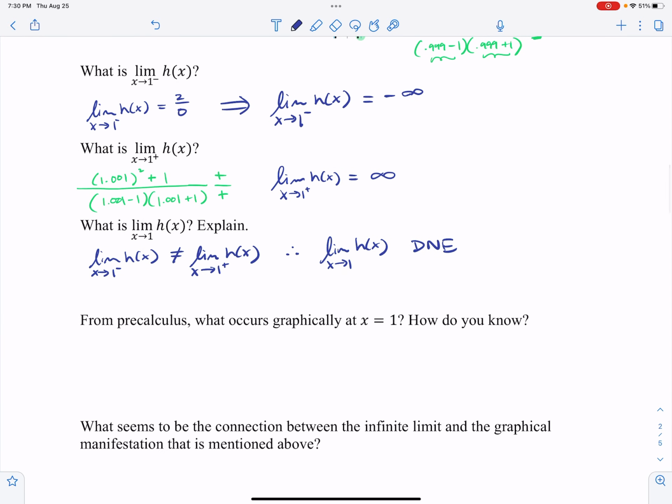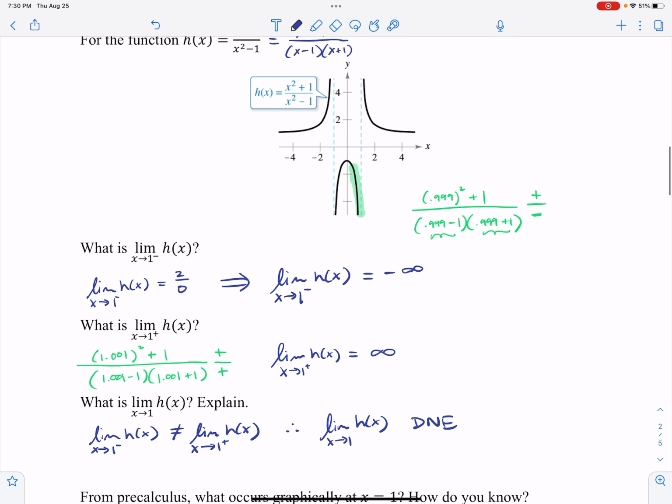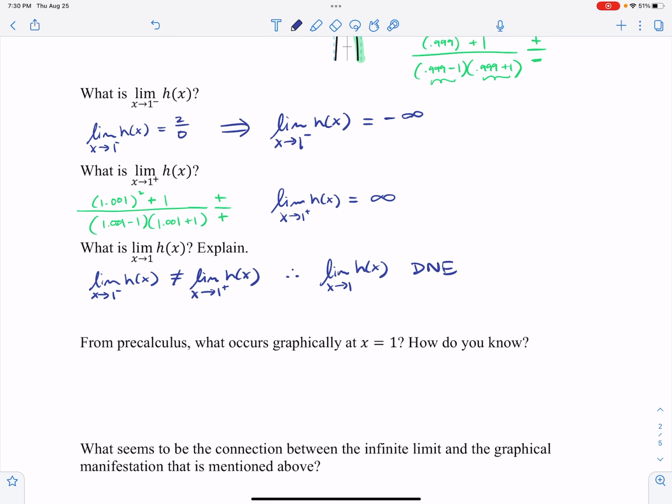Now from pre-calc, we know that graphically at x equals 1, there is a vertical asymptote. And that has to do with taking our equation for h of x, right, x squared plus 1, and then factoring the denominator. There's no common factor, right? There's no hole at x equals 1. But we're able to see that 1 would make the denominator equal to 0 and therefore would correspond to a vertical asymptote.